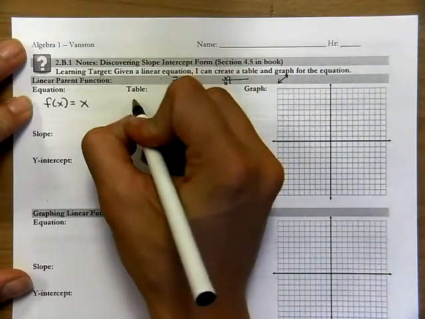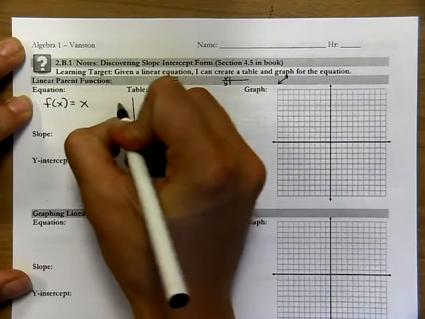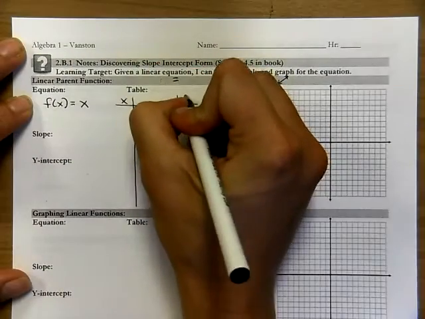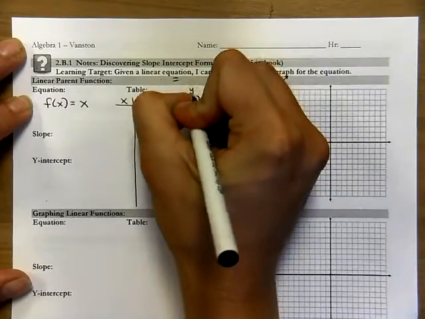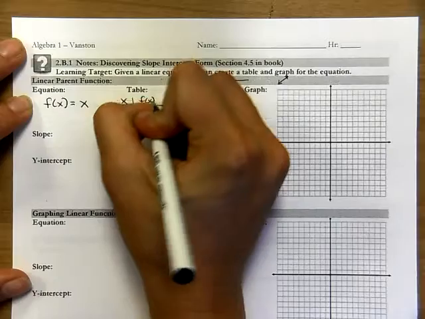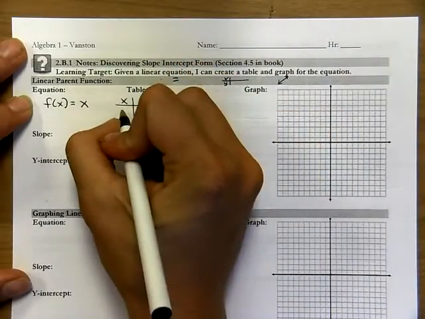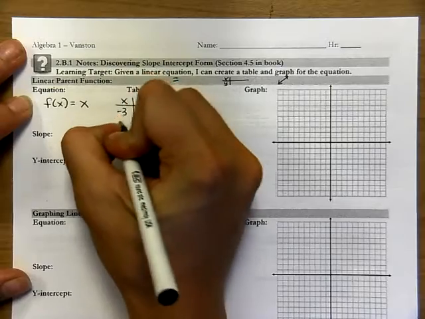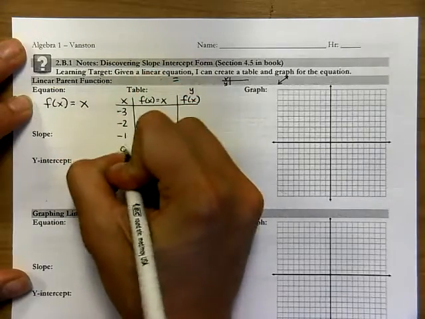To create a table, some of you guys have seen this before. We have our inputs, we have our outputs, or our y's, and then a function I'm going to put in here, f of x equals x. So I'm going to choose some x values. I'm going to go from -3 to 3.